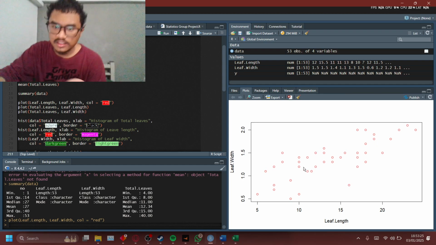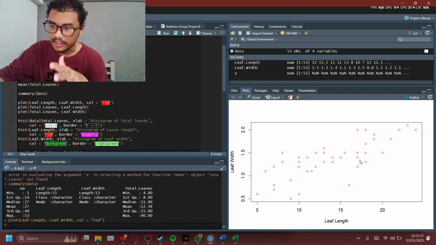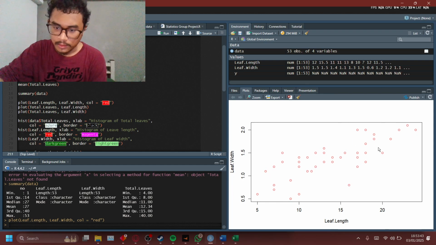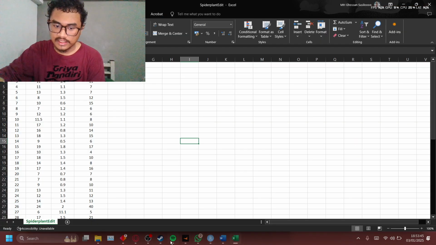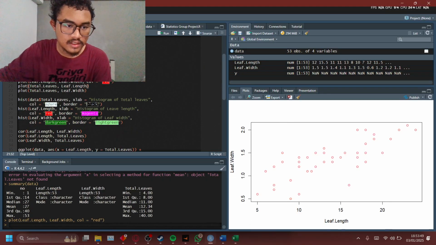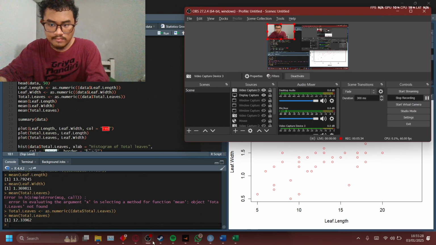It's kind of hard to see, but we can tell that between leaf length and leaf width, it's kind of related. The longer the leaves are, the wider the leaf gets. We can see that here, though they're not as closely connected as I thought they'd be. It's still pretty close.